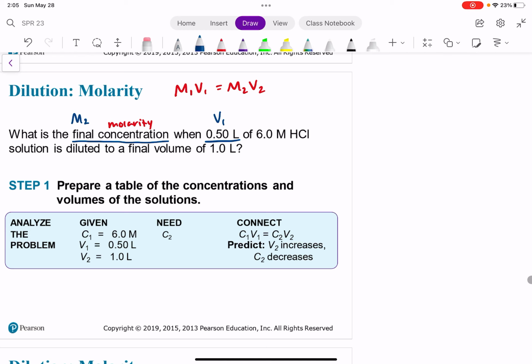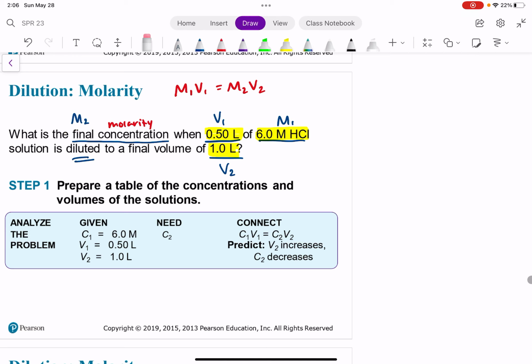My 6.0 molar HCl solution is what we're starting with, and then we're diluting it, so that's going to be my M1. And then my final volume is given to me, that's my V2. So I have a known initial volume of my initial concentration solution, and I have a known final volume of my final concentration, but I want to find my M2.